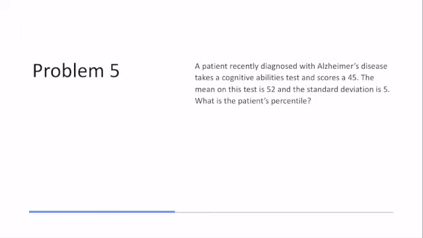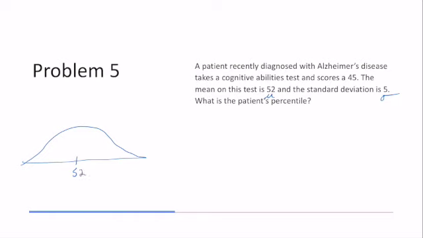Problem 5 asks us, a patient recently diagnosed with Alzheimer's disease takes a cognitive abilities test and scores a 45. The mean on this test is 52 and the standard deviation is 5. What is the patient's percentile? Okay, so let's go ahead and set this up. I have a normal distribution with a mean of 52.